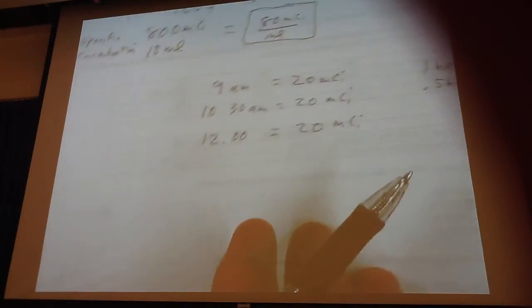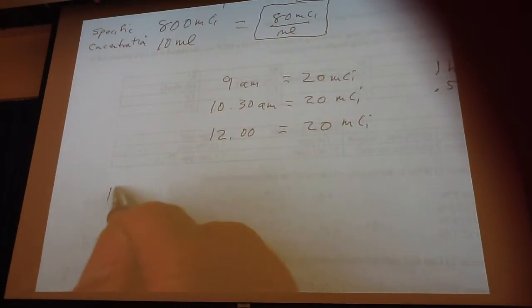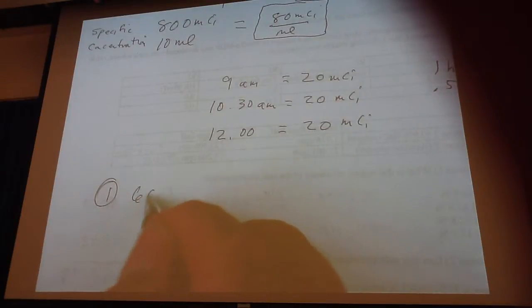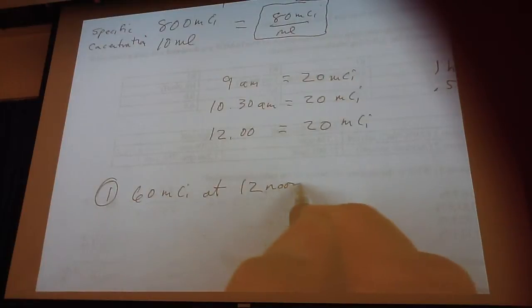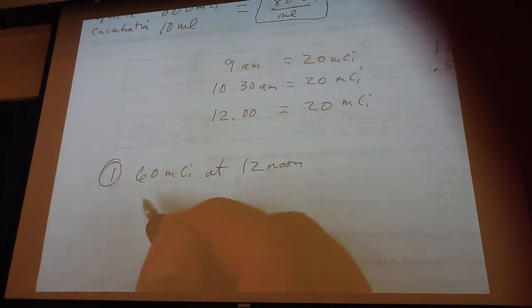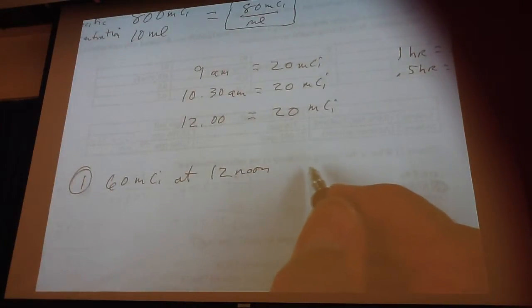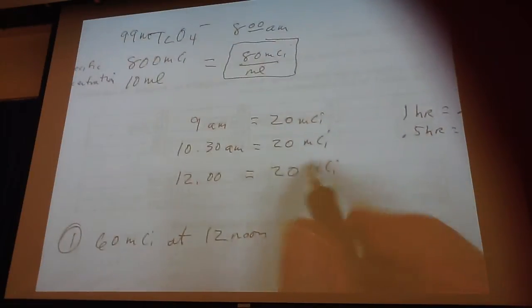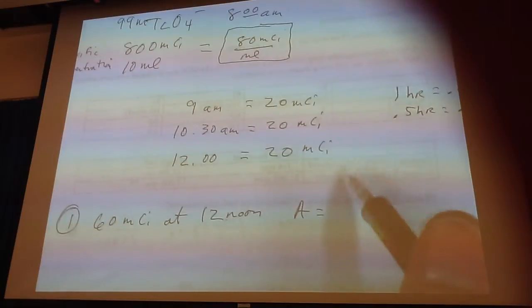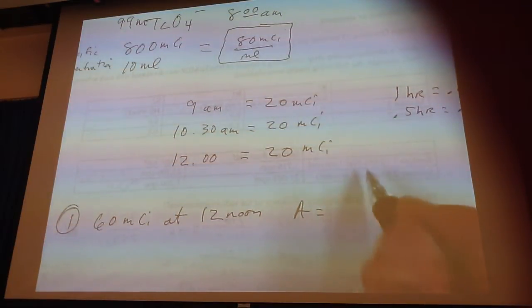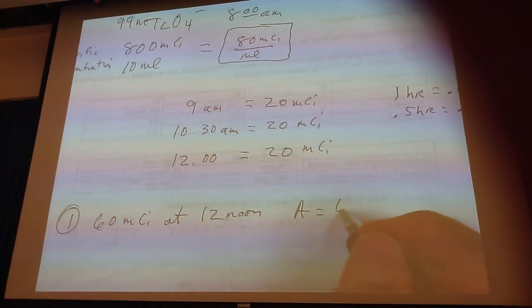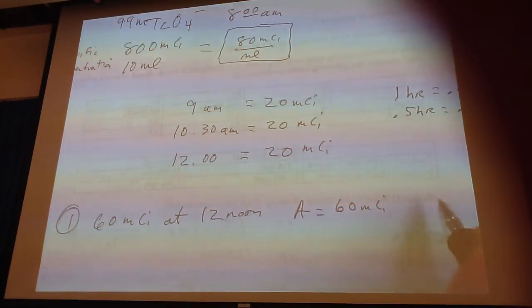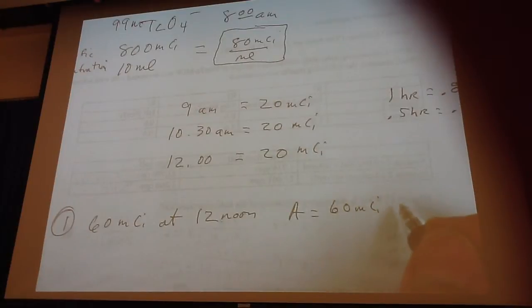So method number 1, okay, you need 60 millicuries at 12 noon, which means the technetium activity is going to be, see, what are we going to need here? 60 millicuries, and then we're going to have to pre-decay it down.